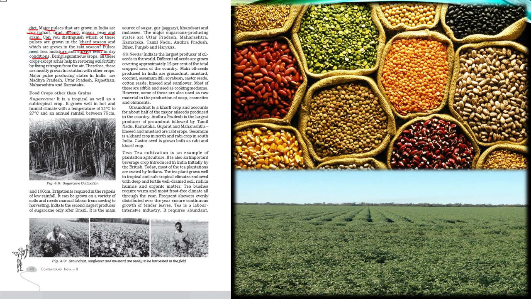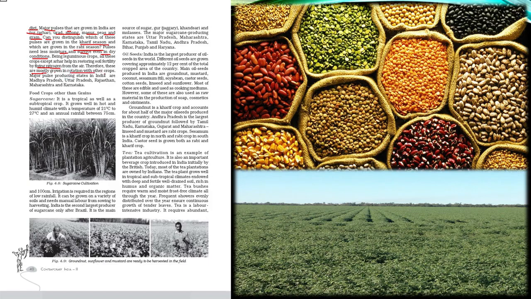And because all the pulses are leguminous crops, except arhar, they help in restoring the soil fertility by nitrogen fixing. So they are also grown as intermediate crops in order to fix the soil nutrients which have been consumed by the previous crops.